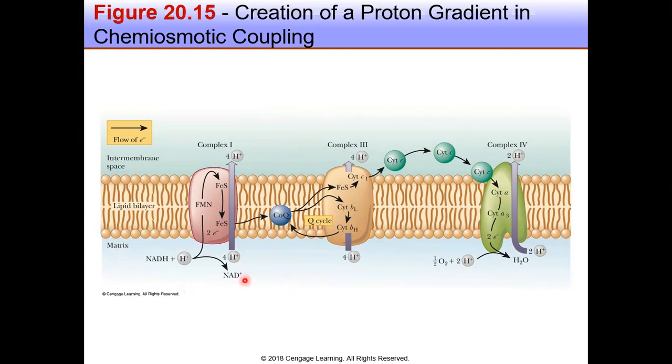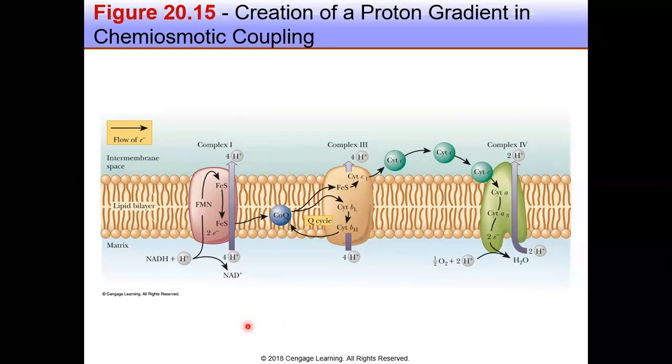So this means a higher concentration of H+ in the intermembrane space compared to the matrix. Now, the proton gradient in turn can drive the production of ATP that occurs when protons flow back into the matrix. We will see this in a moment.